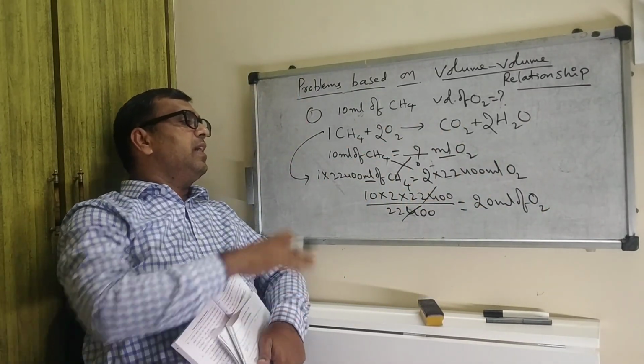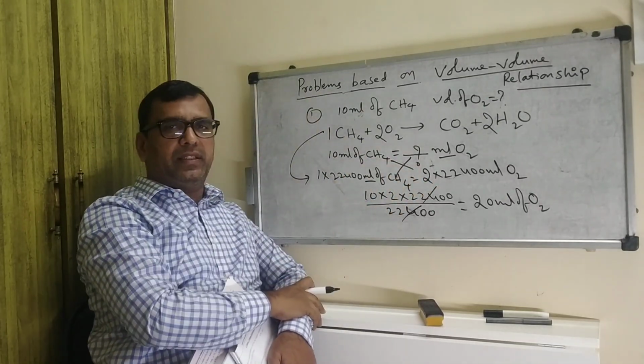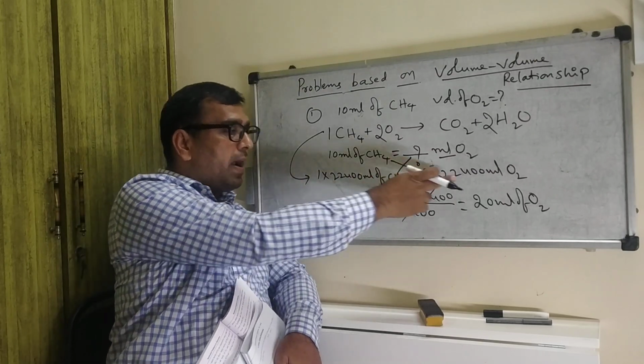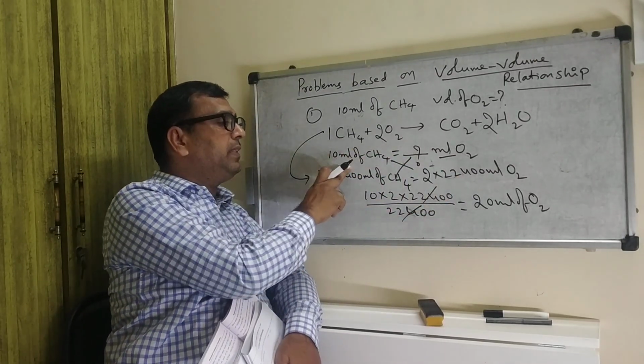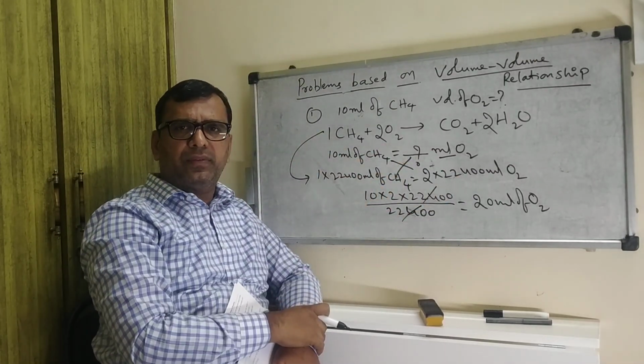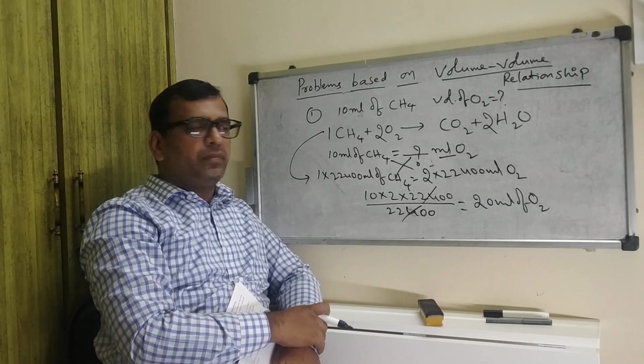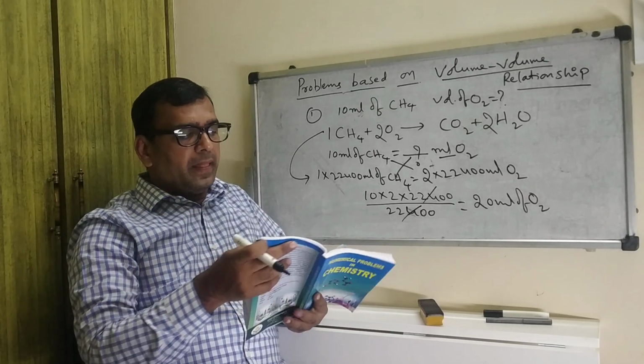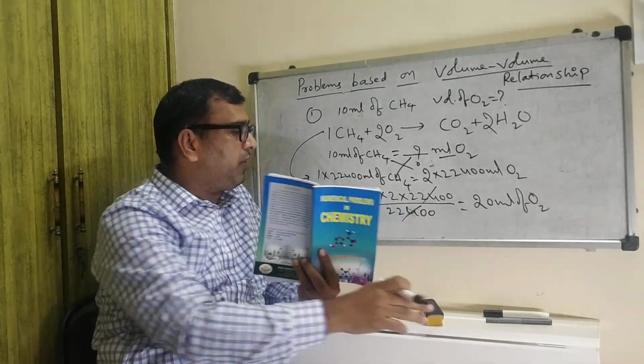Means first, the volume relation: this much ml requires this much ml, this much ml requires how much? Then use crisscross like this. This is the first problem.